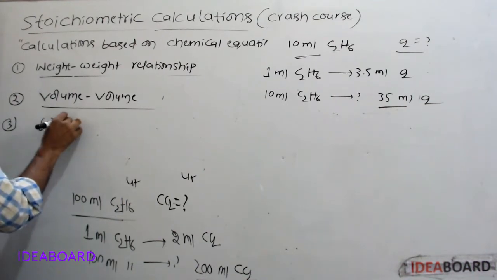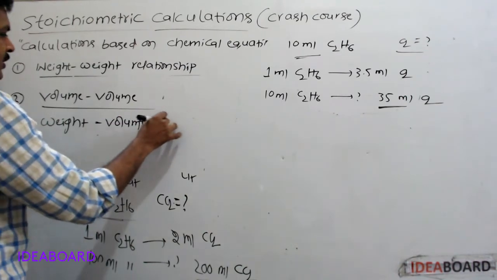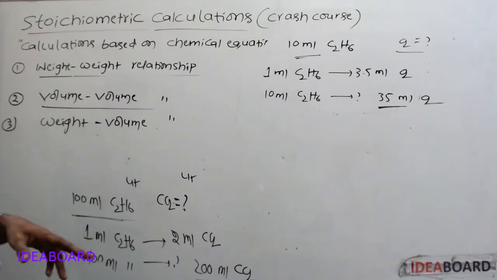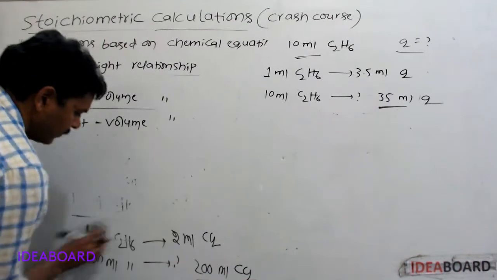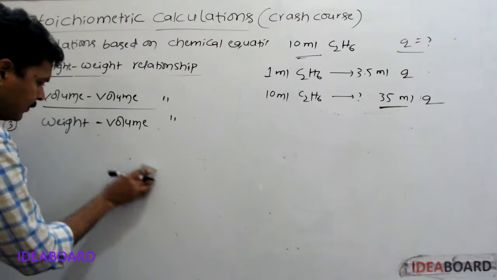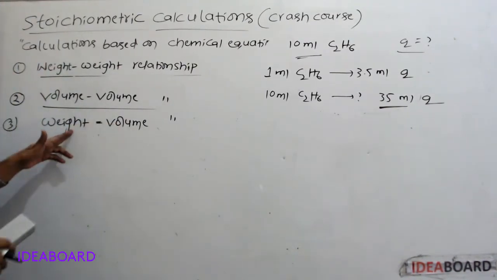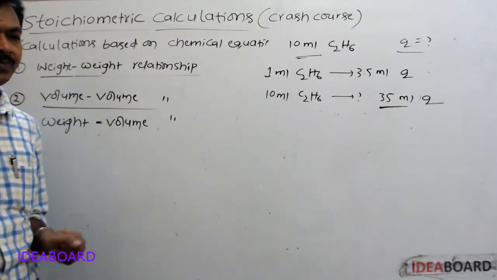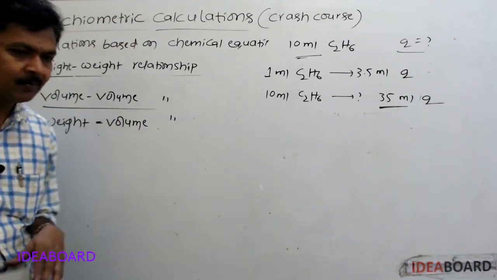Stoichiometric calculations based on weight volume relationship. That means here reactants are expressed in terms of weight, products are expressed in terms of volume.